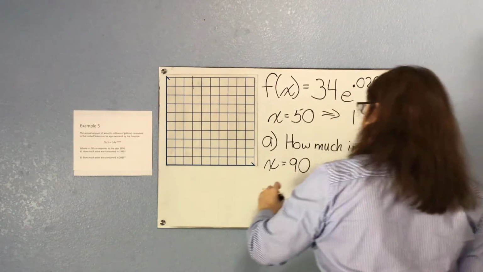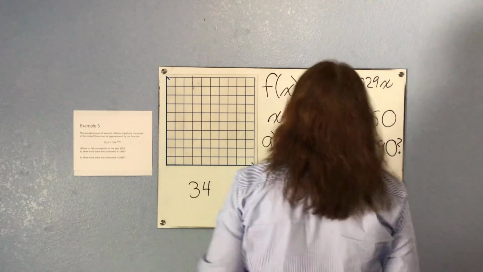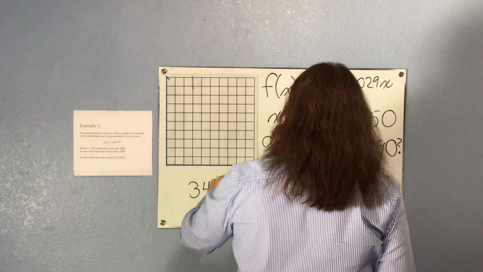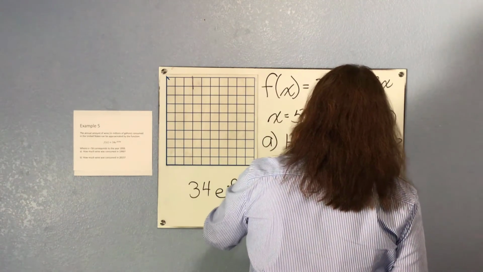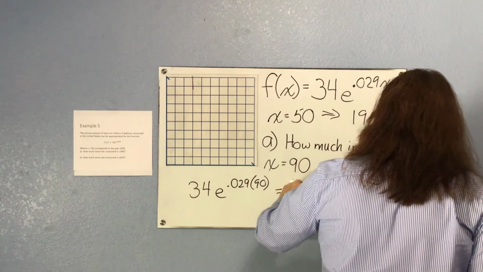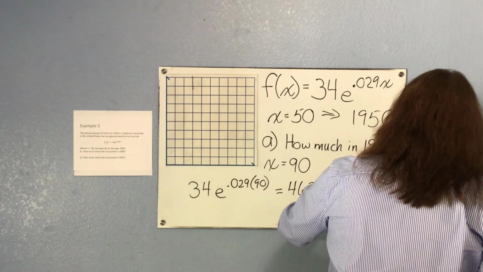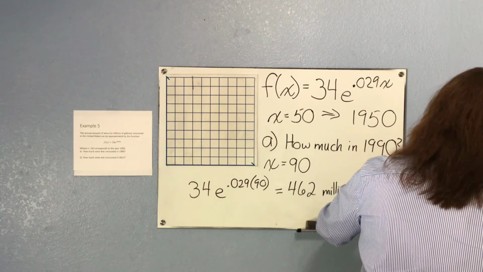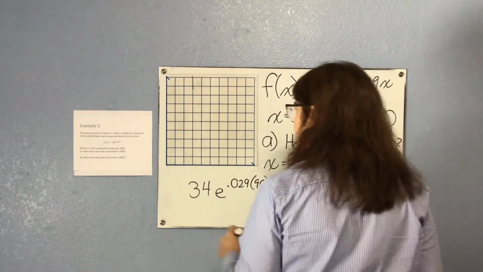So all I have to do now is substitute that in my equation. 34 e to the 0.029 times 90 gives me 462 million gallons.